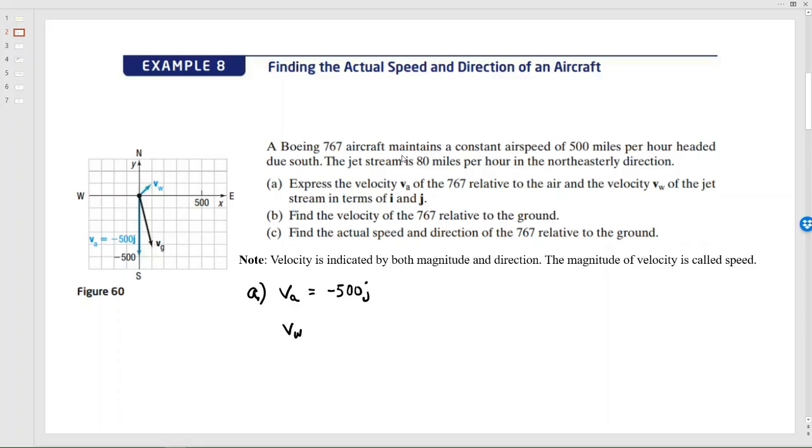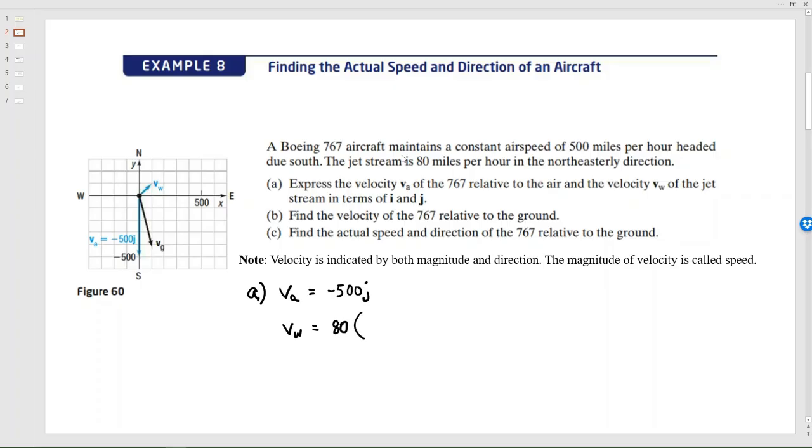There is an angle between i and v sub w, right? So we know it's 45 degrees. So this is where we're going to tap into that formula. And we're going to say, well, this one is equal to the 80 miles per hour.